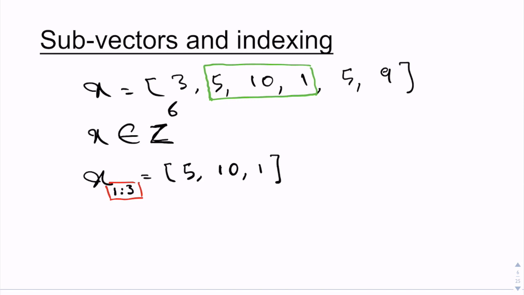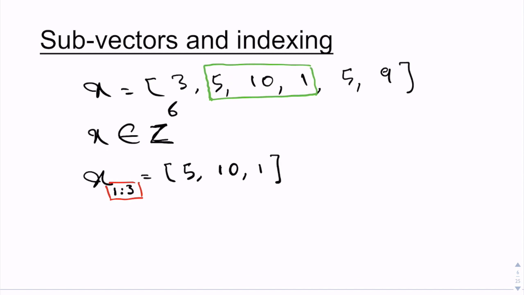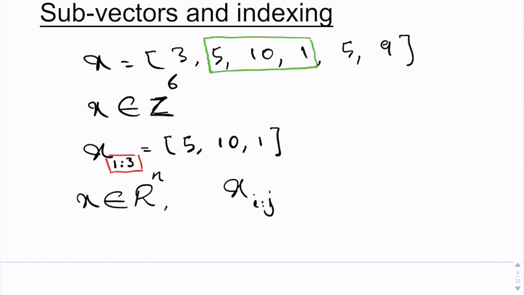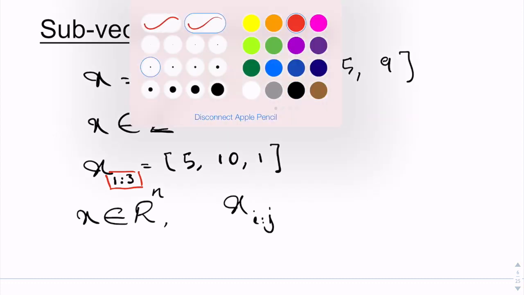In general notation, if x is a vector belonging to, say, real numbers, and the dimension of x is n, then x from i to j means getting the ith element all the way to the jth element. But if you're using Python, the indexing starts from 0.